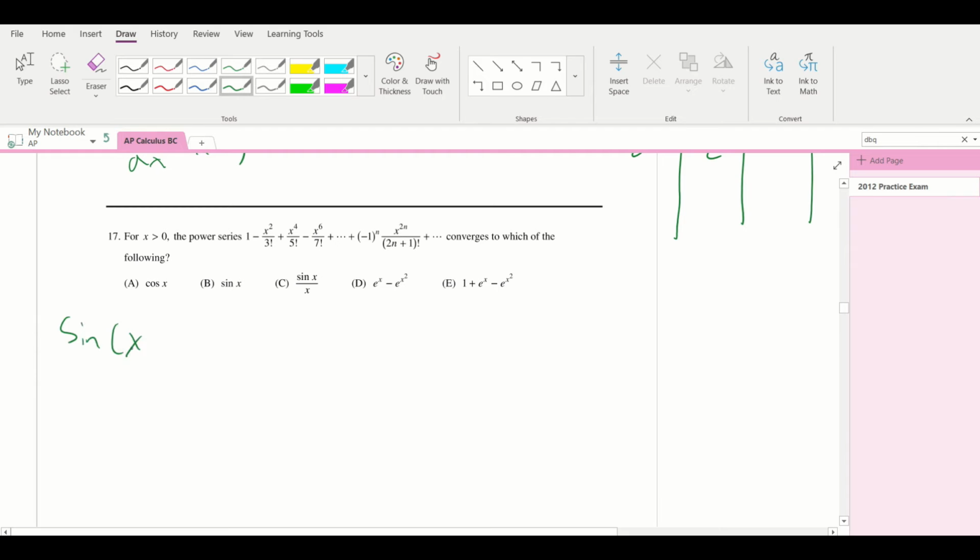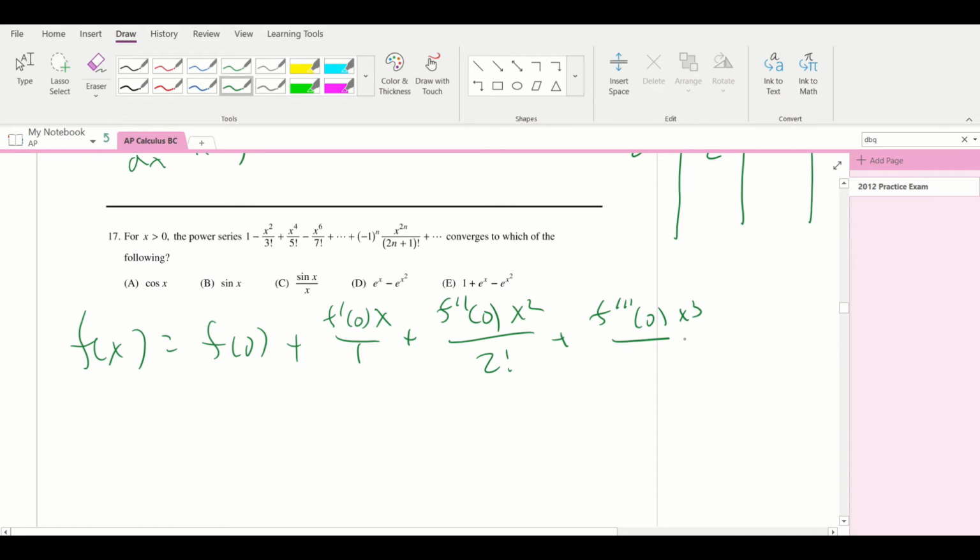So sine x is equal to... in general, if you have a function, the power series representation of it is f of 0 plus f prime 0 x over 1 plus f double prime 0 x squared over 2 factorial plus f triple prime 0 x cubed over 3 factorial dot dot dot.